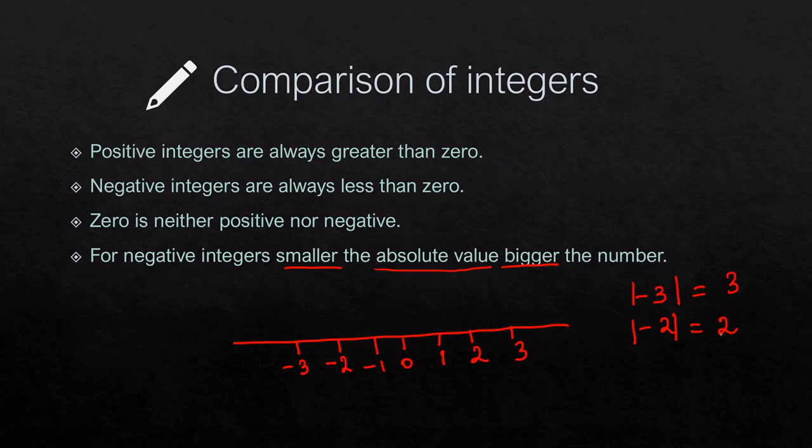So which one is bigger? Obviously the absolute value 3 is greater than 2, but minus 3 is less than minus 2. This is the beauty of integers. Here the absolute value is bigger, but the original value, minus 3, is less than minus 2.